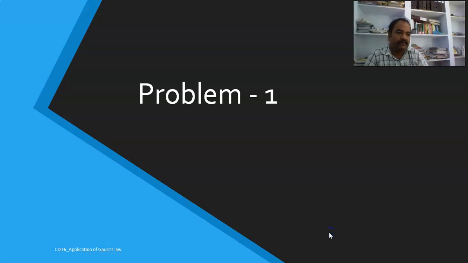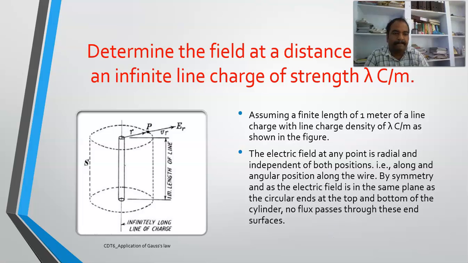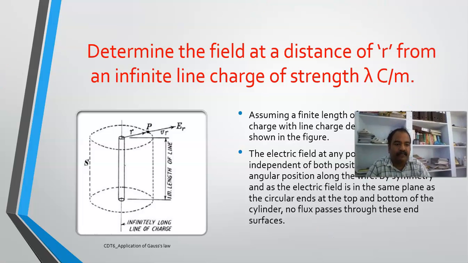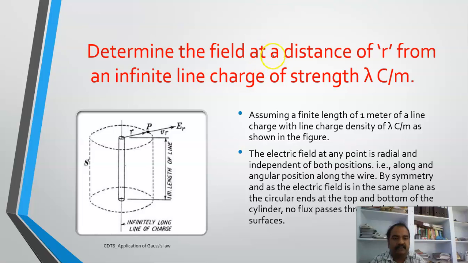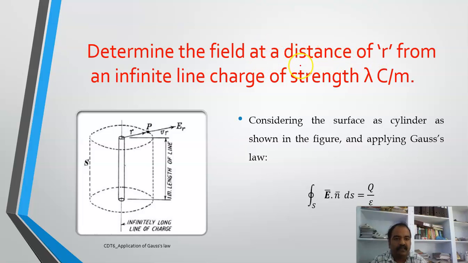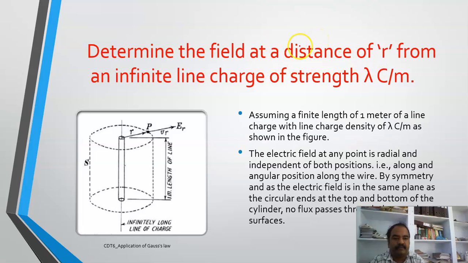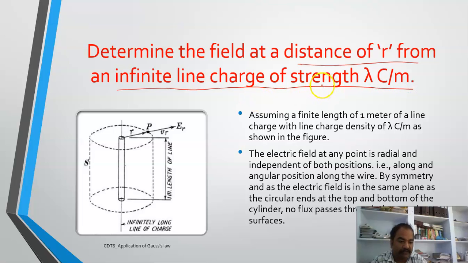We will start with example number 1, where we will determine the fields at a distance of r from an infinite line charge of strength lambda coulombs per meter.